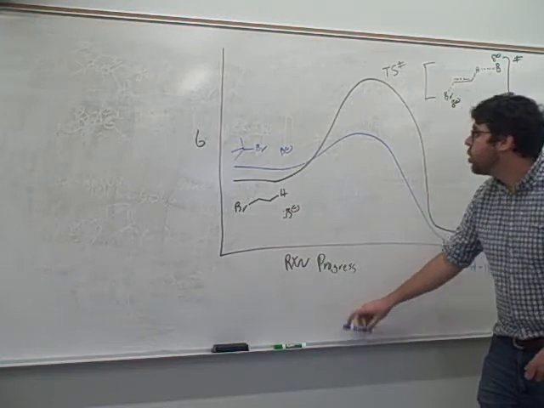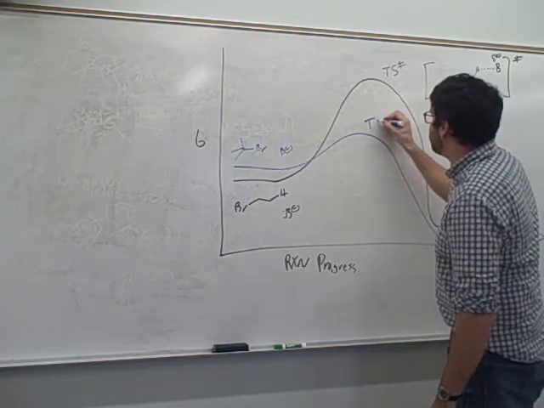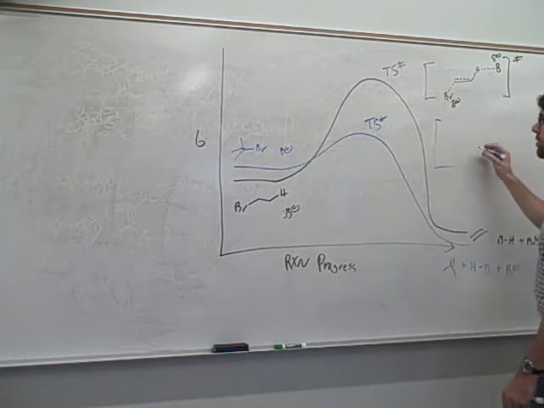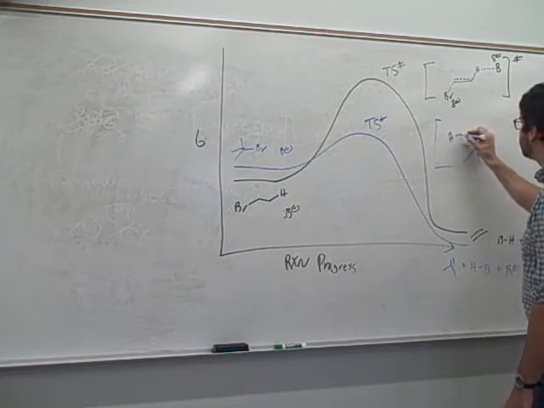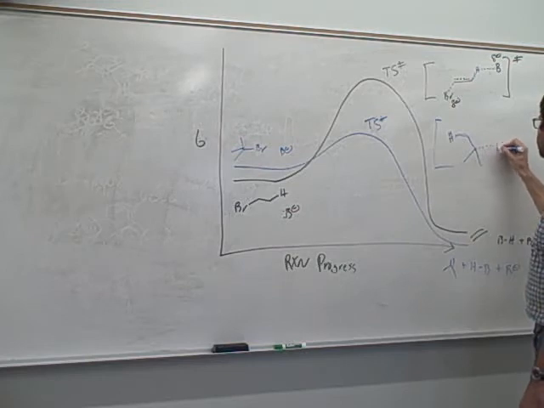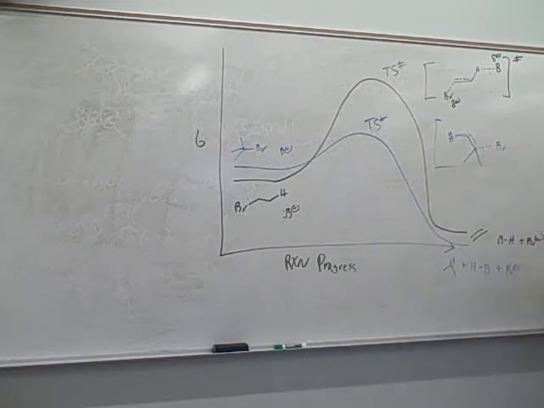Okay, so let's think about the transition state for the tert-butyl bromide. So the transition state, we'll do this in blue. What we've got is something that looks a little bit different. We've got a partially formed carbon-hydrogen bond, we've got a partially broken carbon-bromine bond, and then a partially formed alkene.